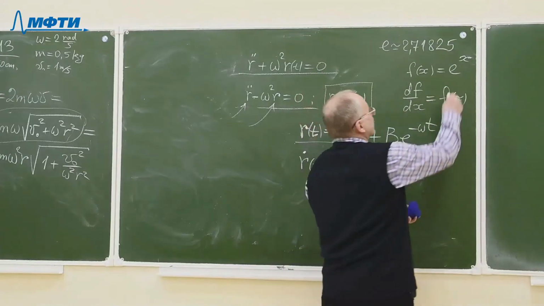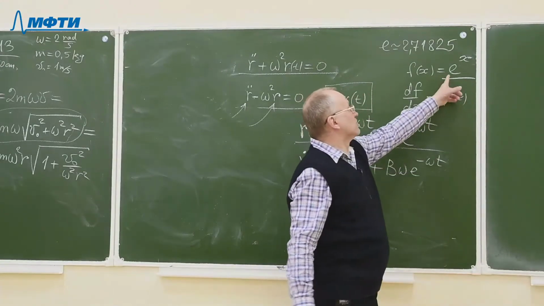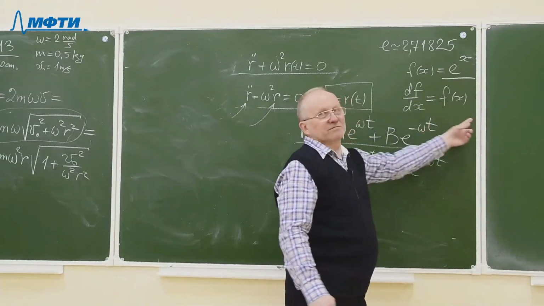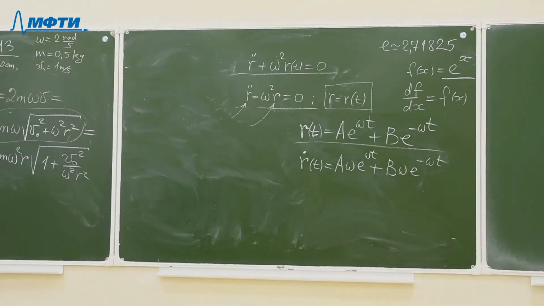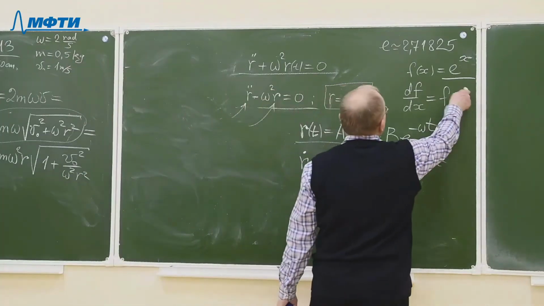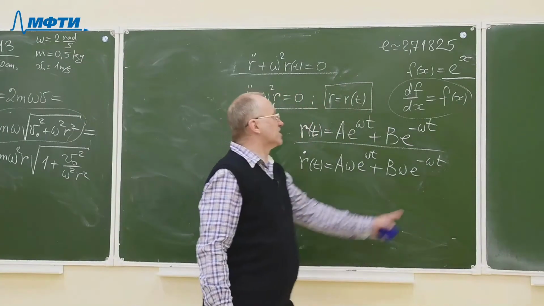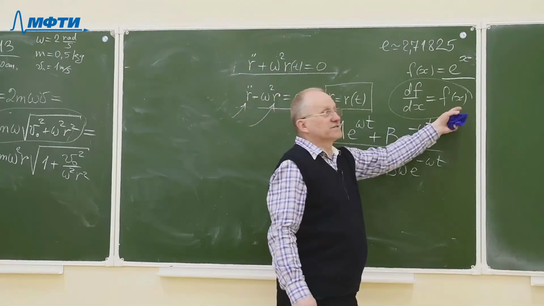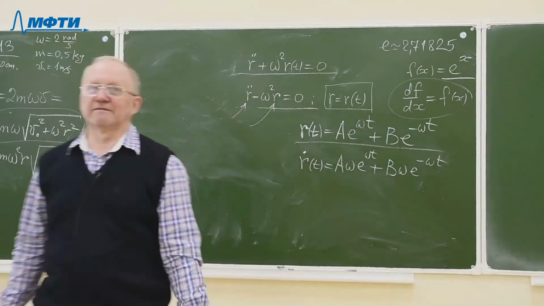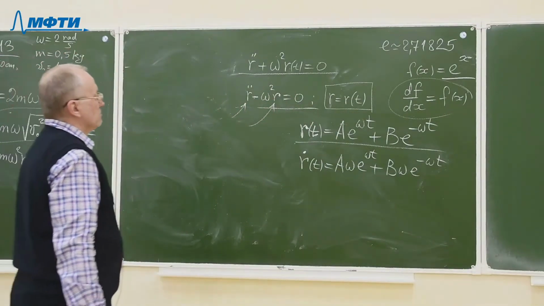And only this exponent has this property. No other functions have this property. That's why it's so important, because of this relationship between the function and its derivative. The derivative coincides with the function. That's why it is so important.